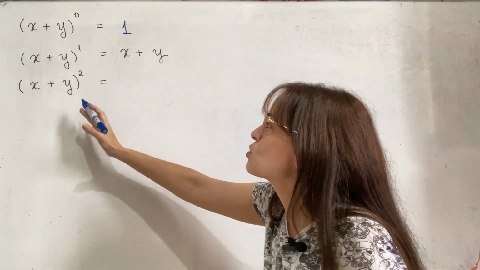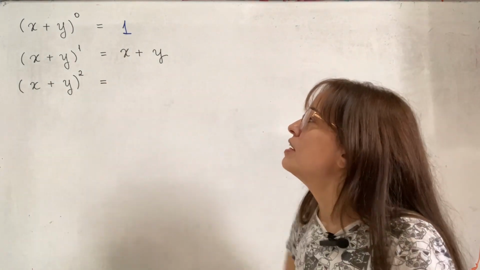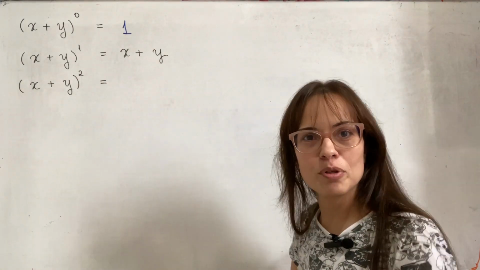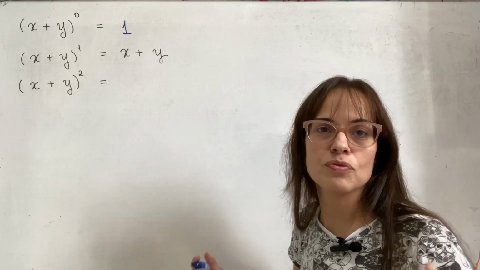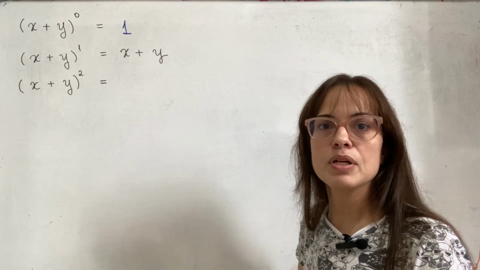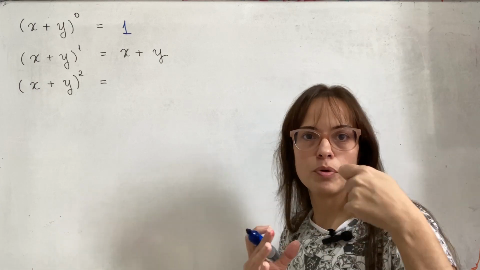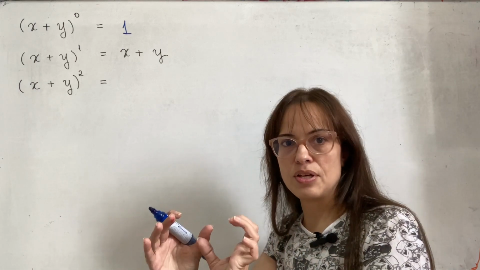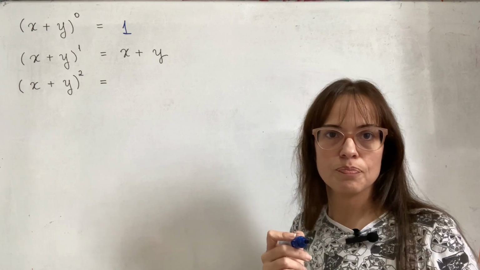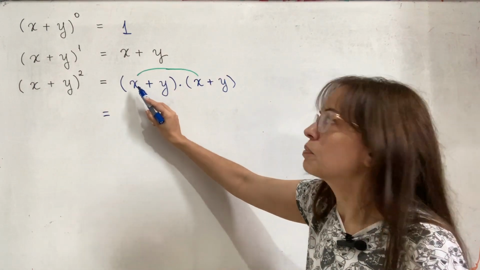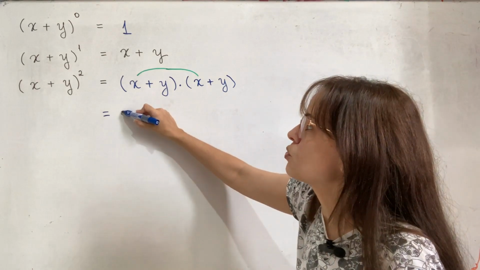And x plus y to the power of 2 is a very common mistake that a lot of people just write down x squared plus y squared, right? Of course, that is not correct, because this thing to the power of 2 means that it's the thing times itself. So we're going to have to use distributive. So we begin by multiplying x times x equals x squared.